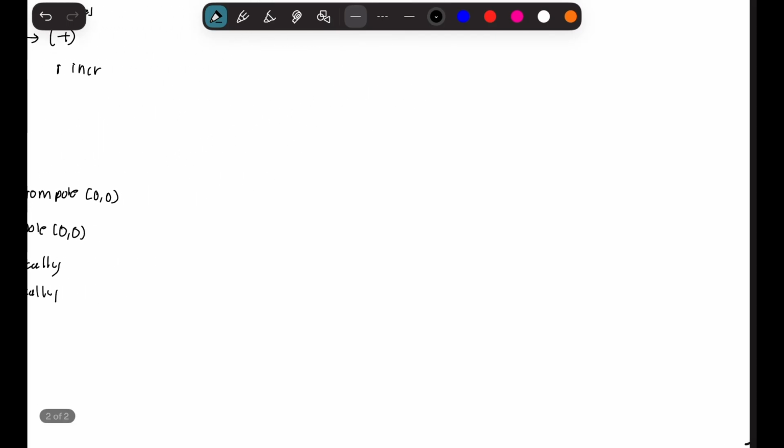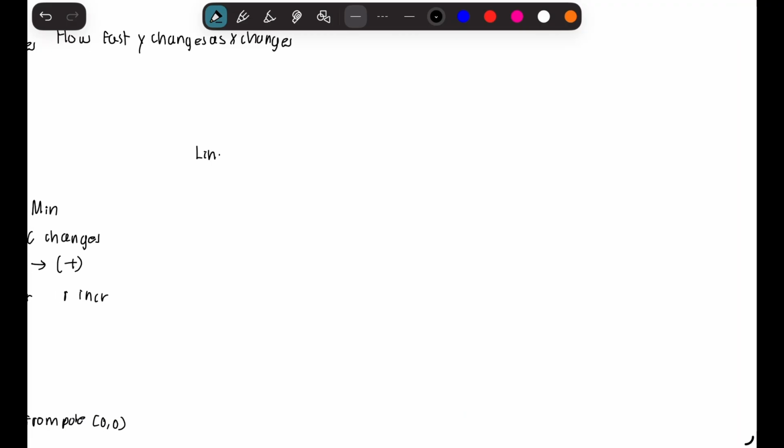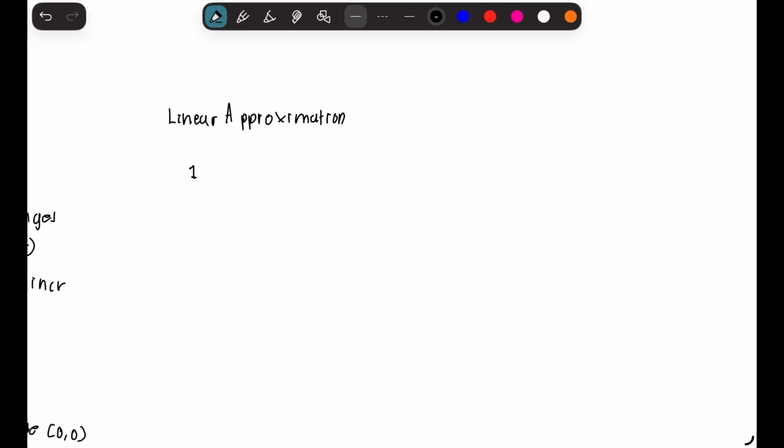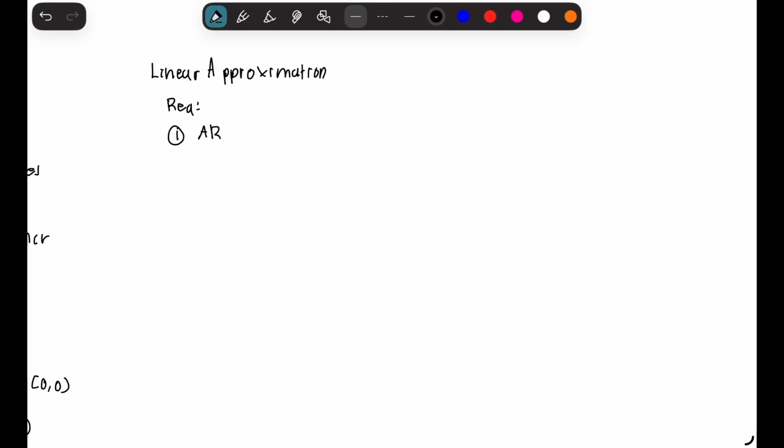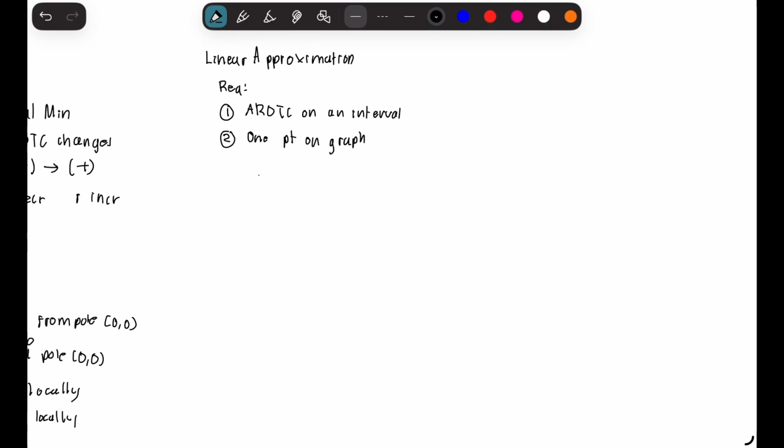Now, in order to do linear approximation in polar, you have to first know two things. One, you need to know the average rate of change on an interval. And two, you need to know one point on the graph. So you can approximate values using point slope form.